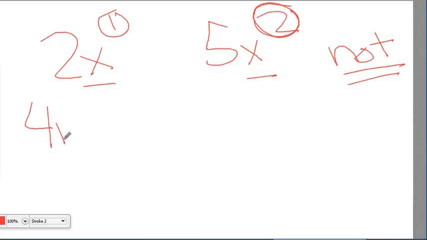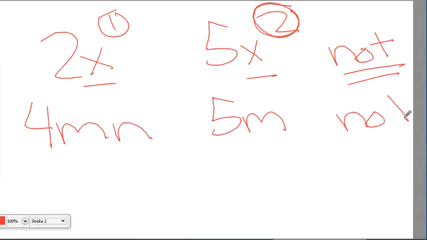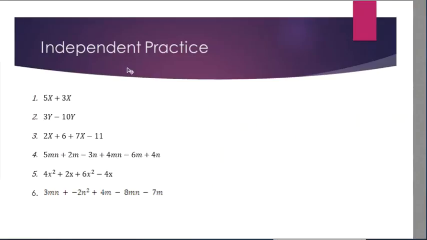If I give you the two terms 4mn and 5m, these would not be like terms. This one has an m times n, and this one just has an m. So in order for terms to be like terms, they have to be the exact same variables raised to the exact same powers. So let's go back to this independent practice slide.